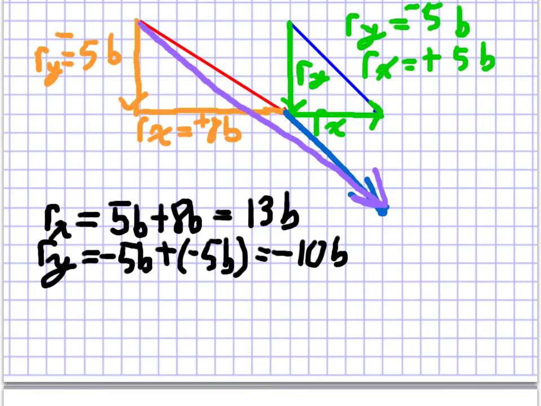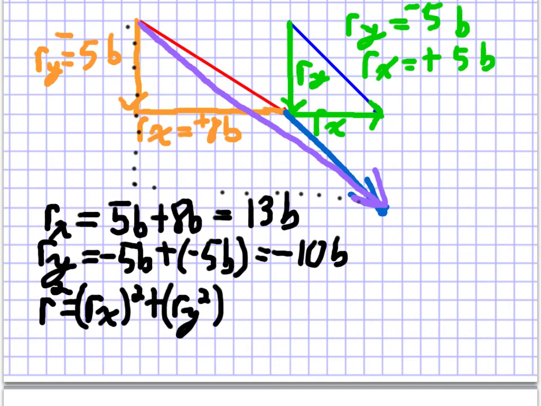So let's do that. You will always use the Pythagorean theorem, even when your final vector doesn't look like a right triangle. Trust me, it does, because we could divide this up into a y and an x. So all you do is the final vector squared is Rx squared plus Ry squared.